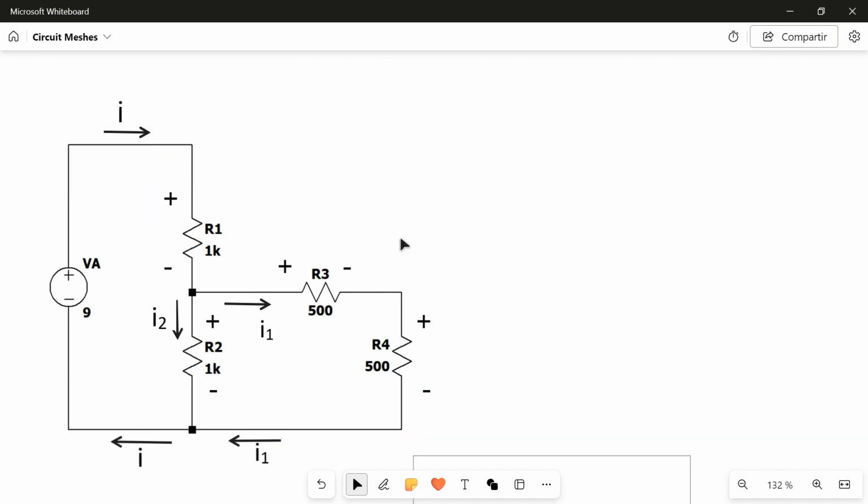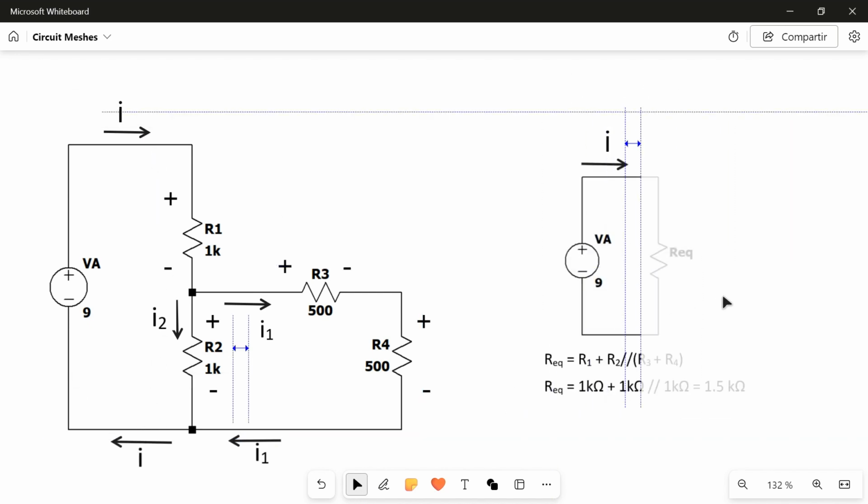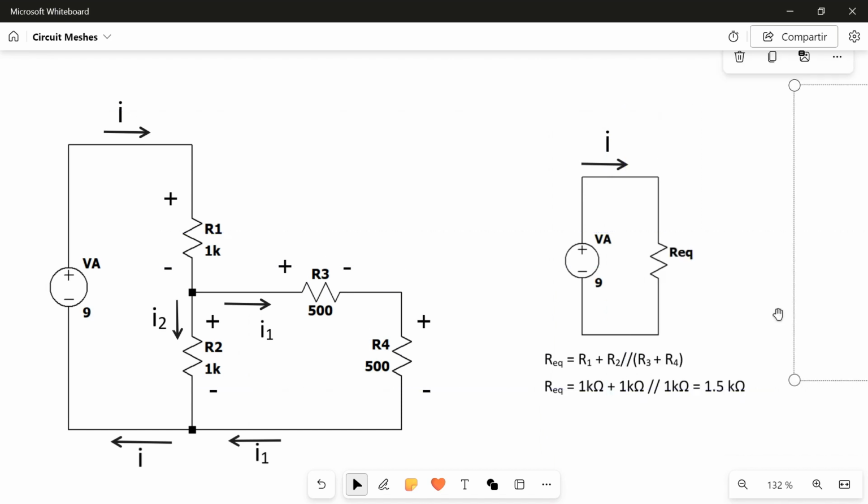Just delete this symbol, and we have this drawing. I write here an equivalent resistance, which takes into account all the network. I have the same current I coming in this direction, the same in this circuit and this circuit. So the equivalent resistance is R1 plus the parallel of R2 with the sum of R3 and R4.